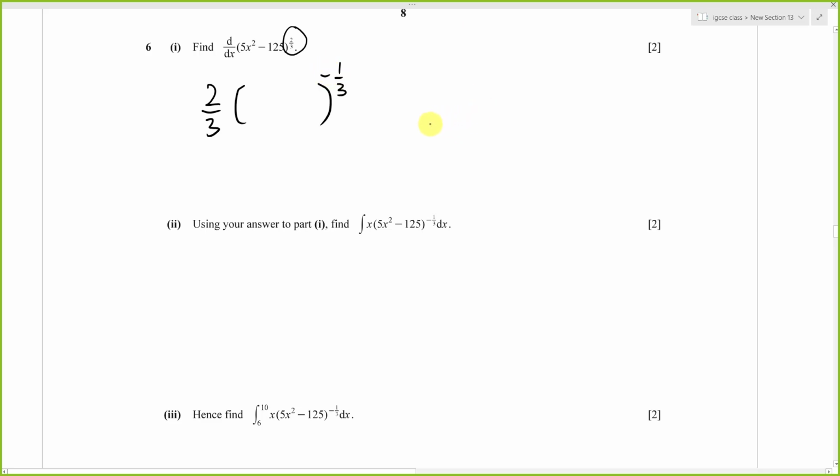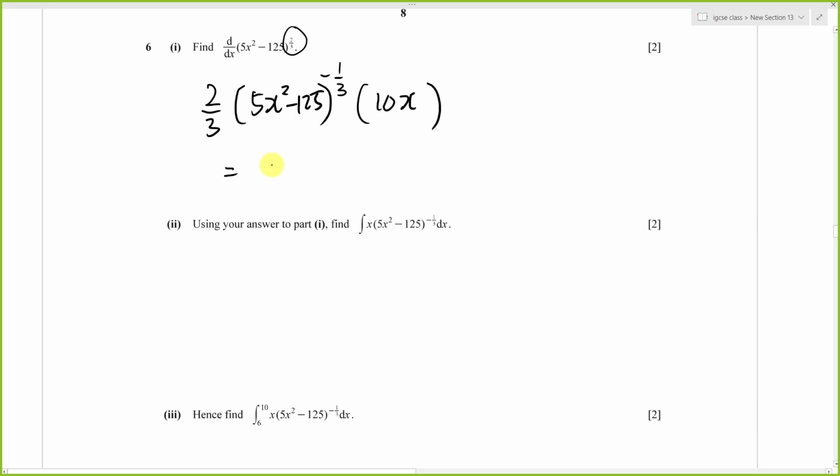And then inside here you just copy whatever you have, and then differentiate whatever is inside the bracket at the back here. So I can only differentiate 5x squared, which gives me 10x, because when I differentiate negative 125 it gives me 0. Okay, so this one should be my final answer, but normally I will write it nicely.